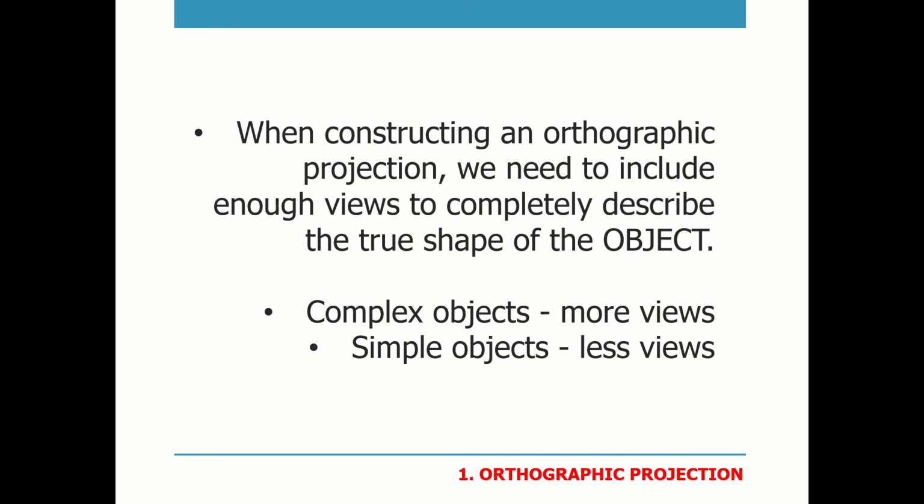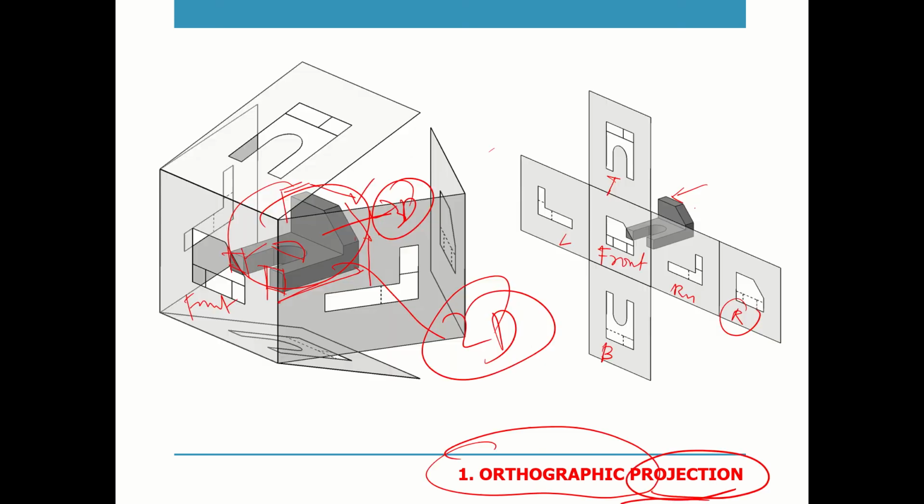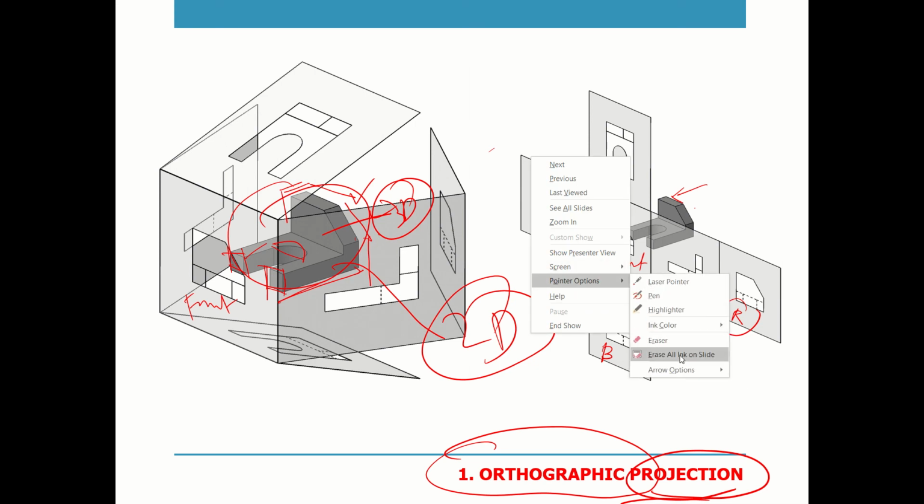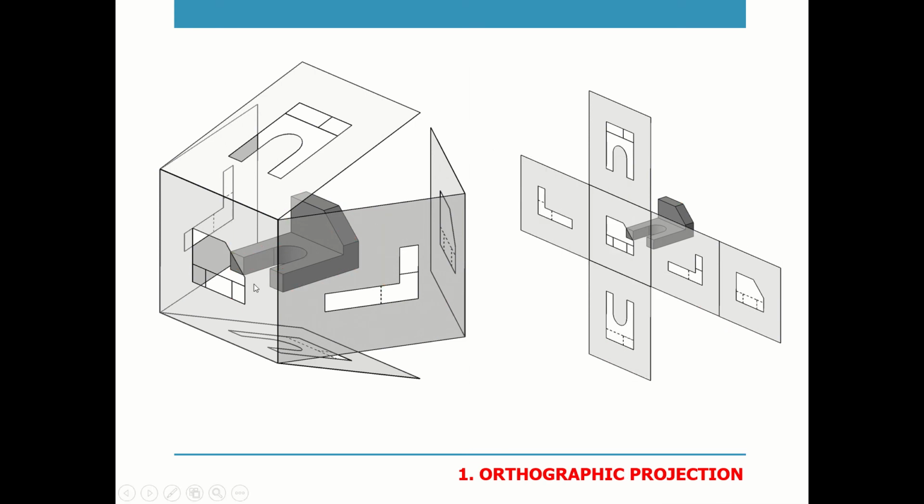When constructing an orthographic projection, we need to include enough views to completely describe the true shape of an object. It's not necessary that every time we have to draw all 6 face drawings.